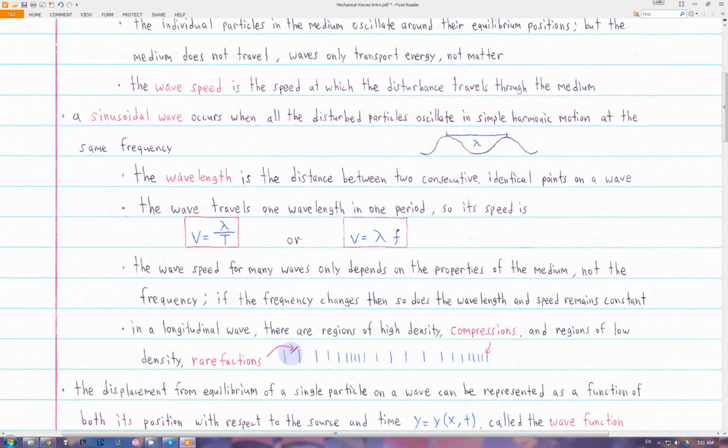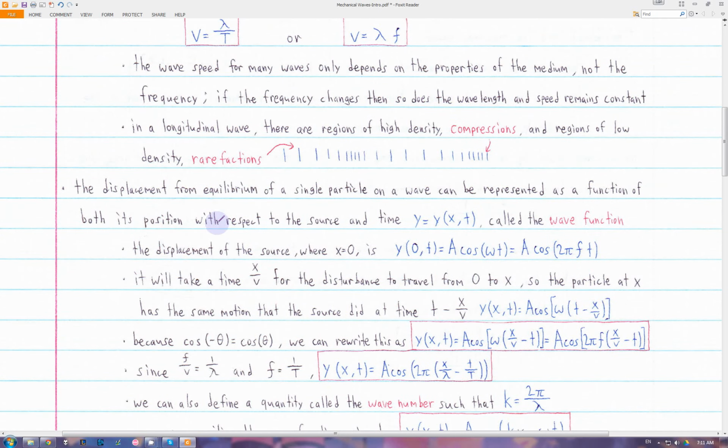So now we're going to look at the mathematical description of these mechanical waves. So if we want to see the displacement from equilibrium of a single particle, we can represent that as a function of two independent variables.